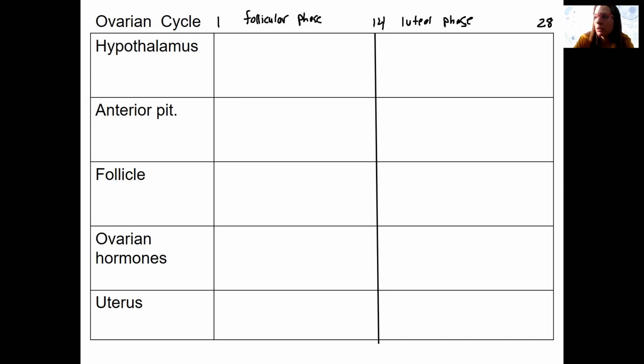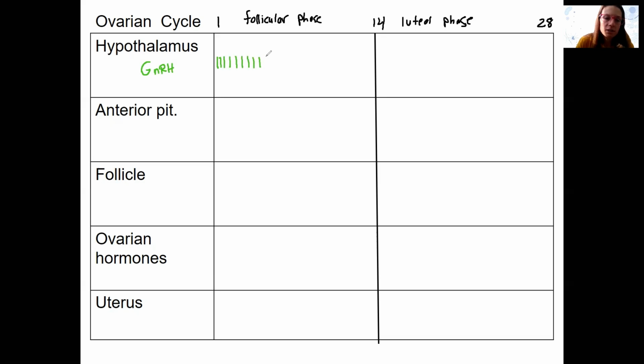So now let's start with the hypothalamus and go through what each of these things I have listed here is doing. Let's start with the hypothalamus, which releases what in this situation? GnRH, gonadotropin releasing hormone. And one way you can think about this is levels are going to increase, but I'm going to be accurate. GnRH is actually released from the hypothalamus into that portal system in pulses.